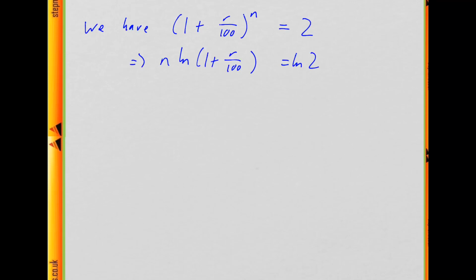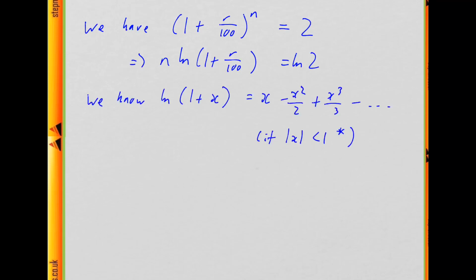And now we were given that Taylor expansion for log of 1 plus x. And that's good because this is of that form. So it makes sense we'll try and expand this and see what happens. Bear in mind we're talking about an approximation when r is small, so we'll look at the Taylor expansion and see what happens when r is small.